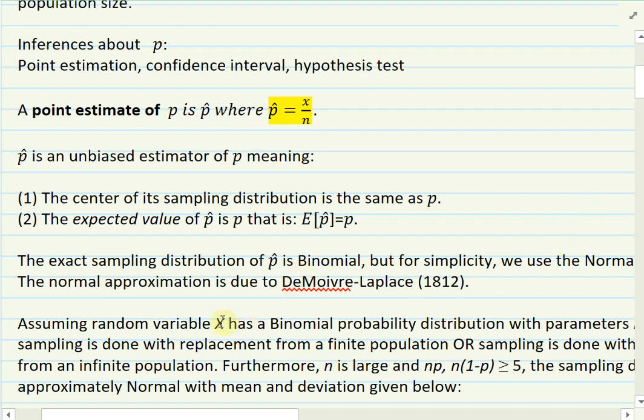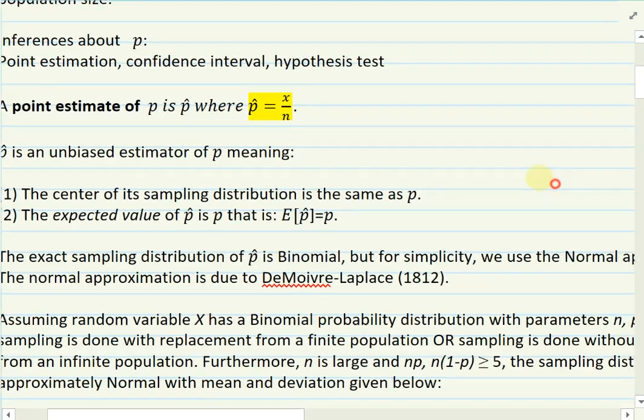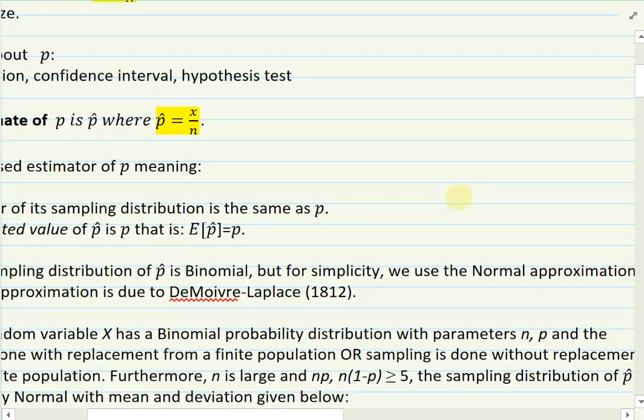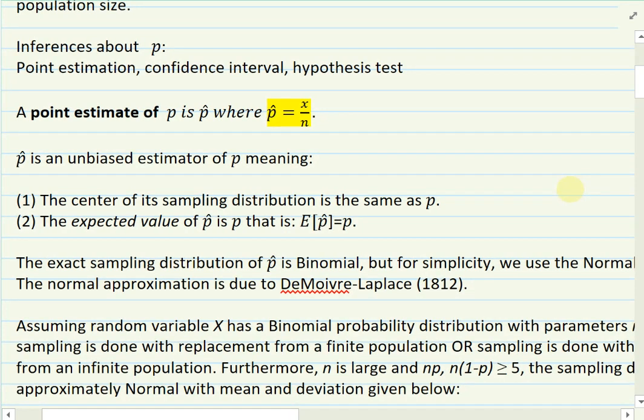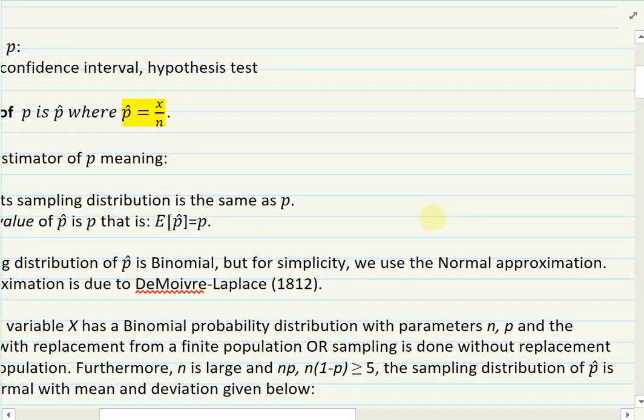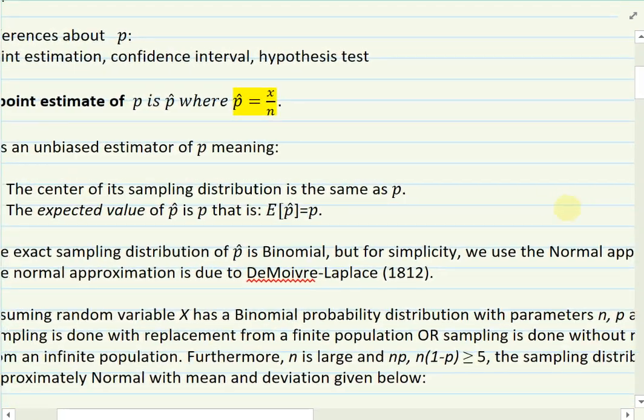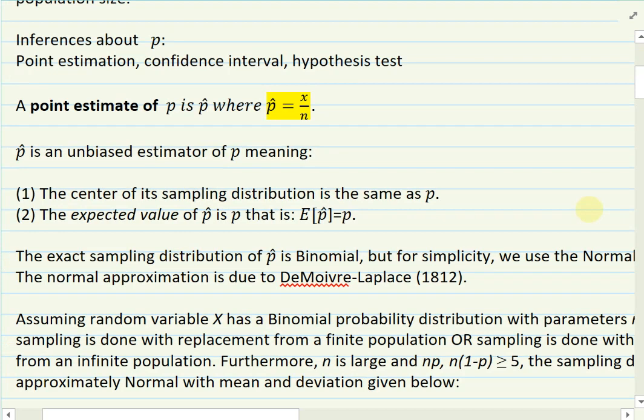So if you assume that random variable X has a binomial distribution with parameters N and P, and the sampling is done with replacement from a finite population, or that it's done without replacement from an infinite population.